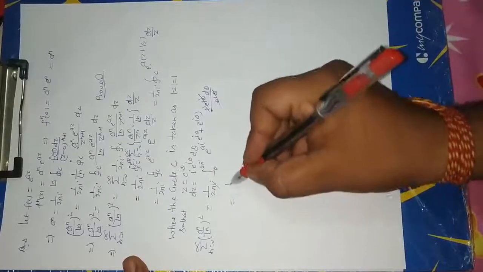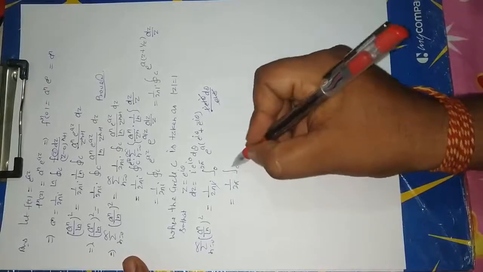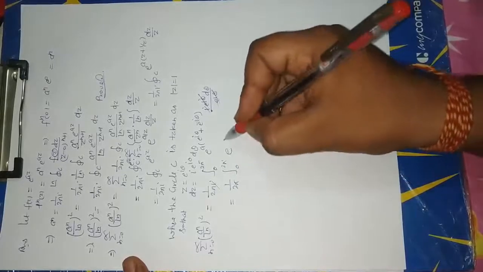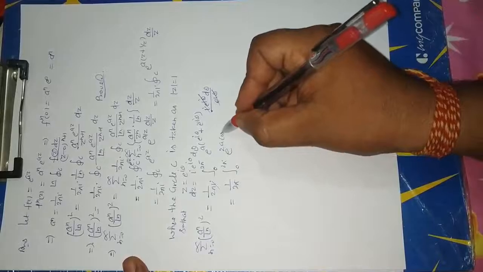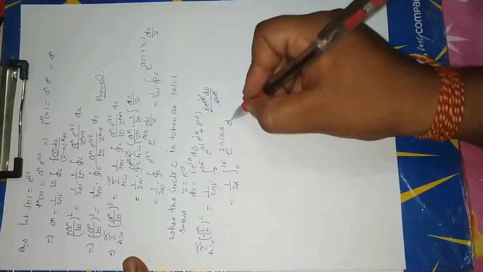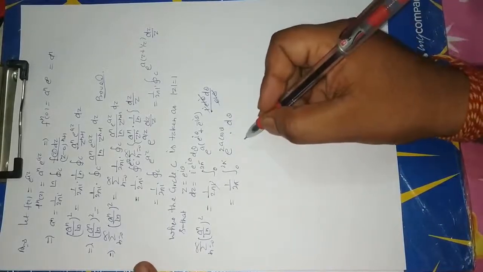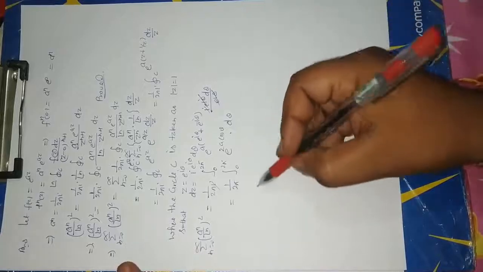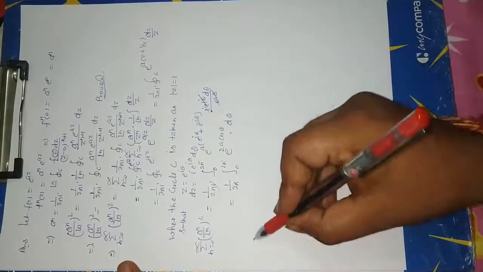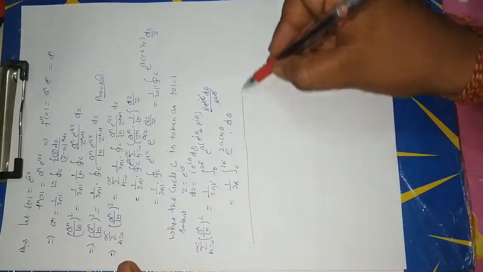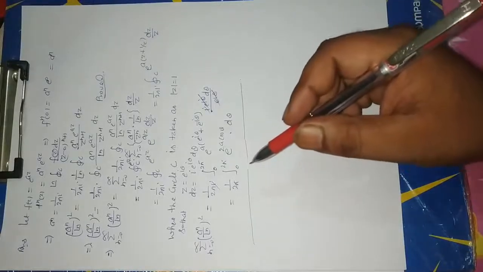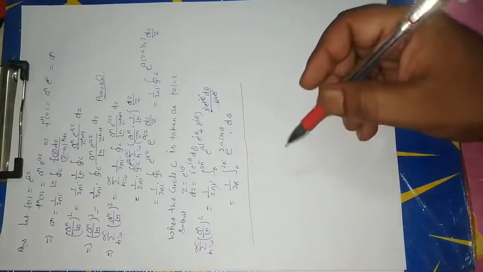This is equal to 1 upon 2 pi integral limit 0 to 2 pi e to the power 2a cos theta d theta. Okay, this is the proof of the deduction of the question.